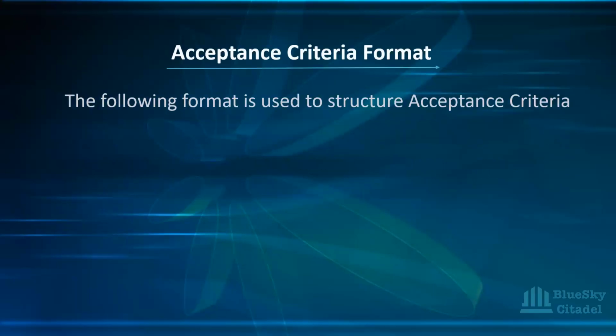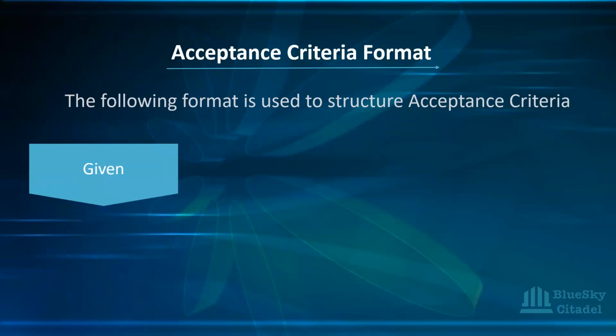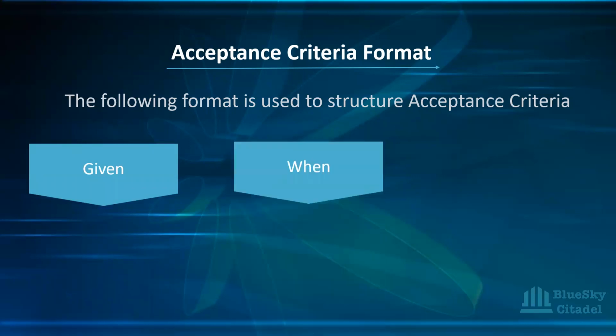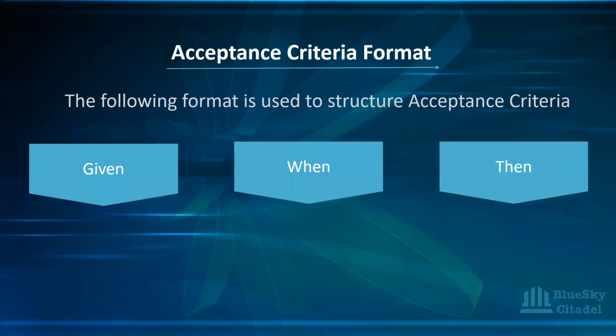Okay, now there's a following format that's used to structure acceptance criteria. We had the format for the user stories, role, goal, benefit, to remember, and there's a format that's used to structure your acceptance criteria. Okay, so I need you to remember this. This one is given, when, then.